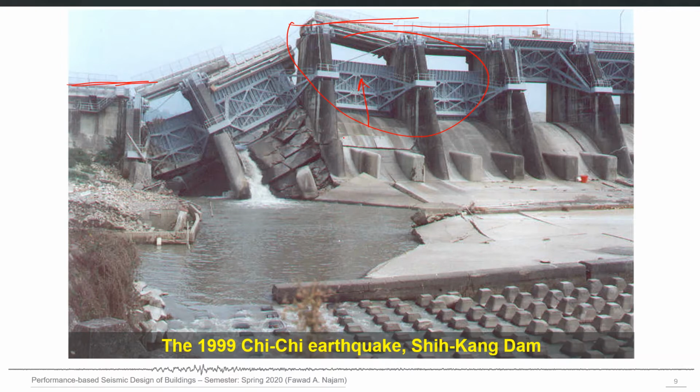So we ensure that for all the known faults which are capable of producing earthquakes, we just don't build our structures on those fault lines or very close to those fault lines. So we cannot design our structures to resist the surface rupture.